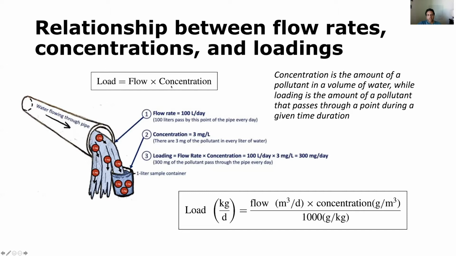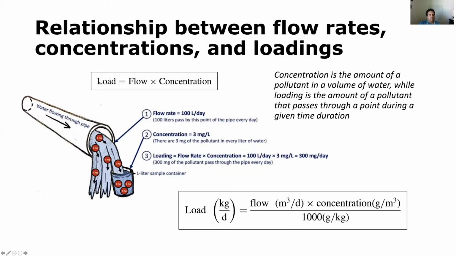Concentration would be the mass concentration of some constituent. Let's take as an example nitrate. So we'd have a concentration of nitrate, milligrams per liter, usually. And then the flow rate might be liters per day, or cubic meters per day, or gallons per day.